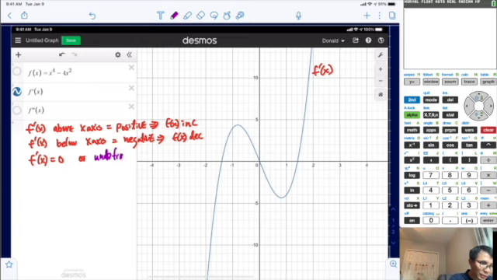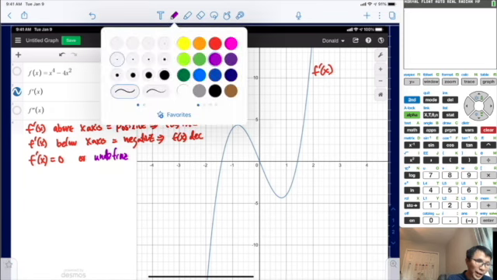Let's look at f prime of x equal to 0 and see where they are.